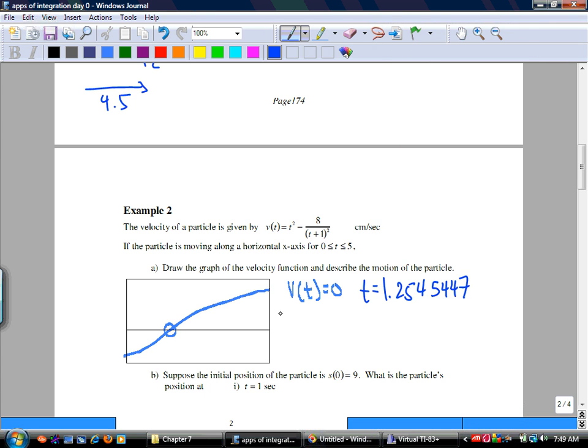So when is it moving left? Between where and where? When is it moving right?